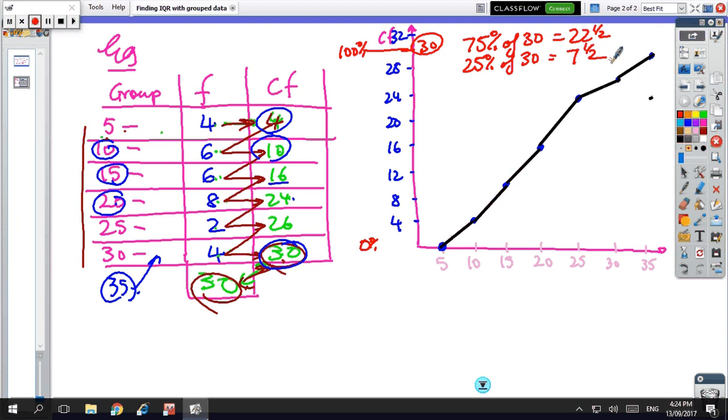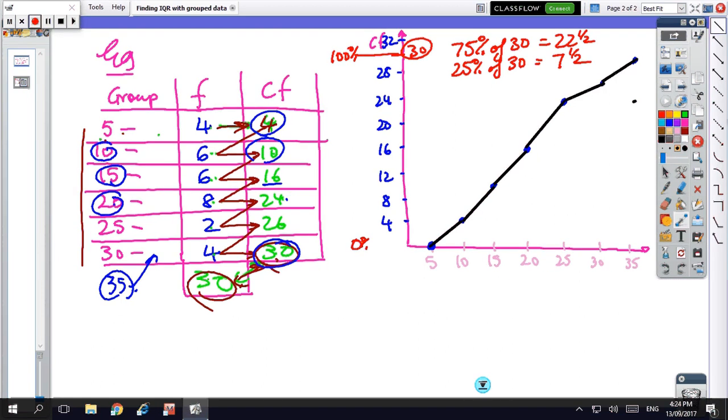So what I'm going to do now is come across, using a different colour, at 22.5. Now this is where I'm going to undo, it's just a bit too high. Okay, you'll be doing it more accurately.